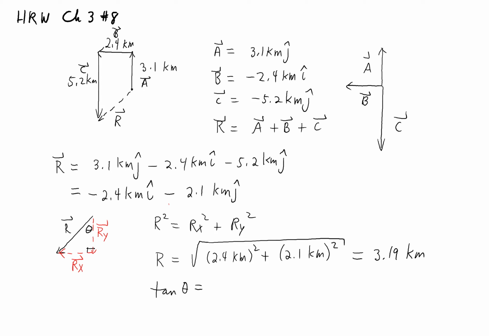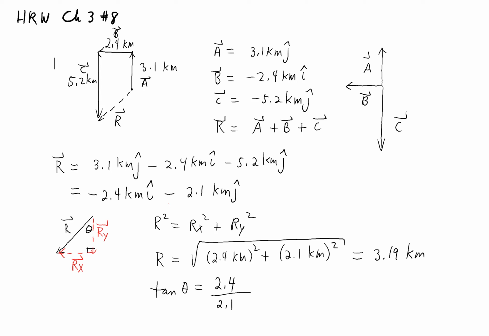And then what you want to do is look at the opposite length, and the opposite length is 2.4. Notice how I put a plus value on it because I'm looking at a length. And then in the denominator, the adjacent is 2.1.